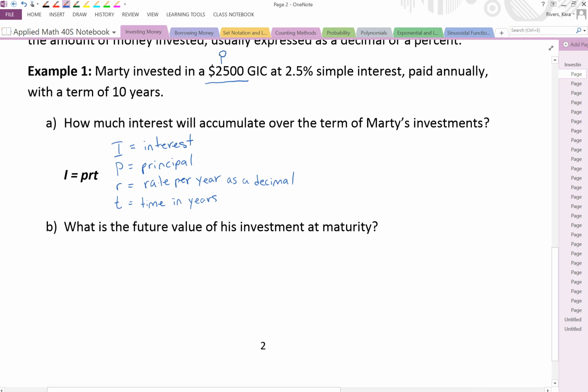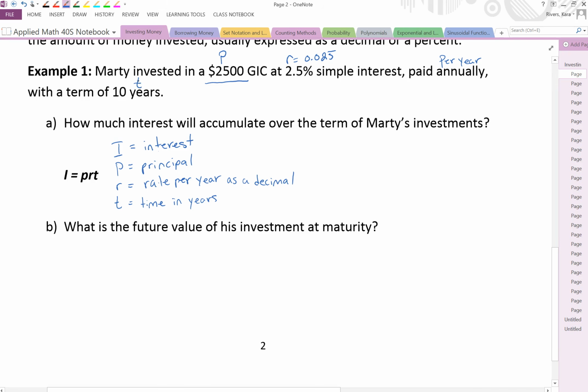He's going to earn 2.5%, and that would be our rate. So our rate would be 0.025, because we have to write that as a decimal, and that's paid annually. Paid annually means per year. Sometimes it's per annum. And then the term is 10 years, and that is our T value, or time.